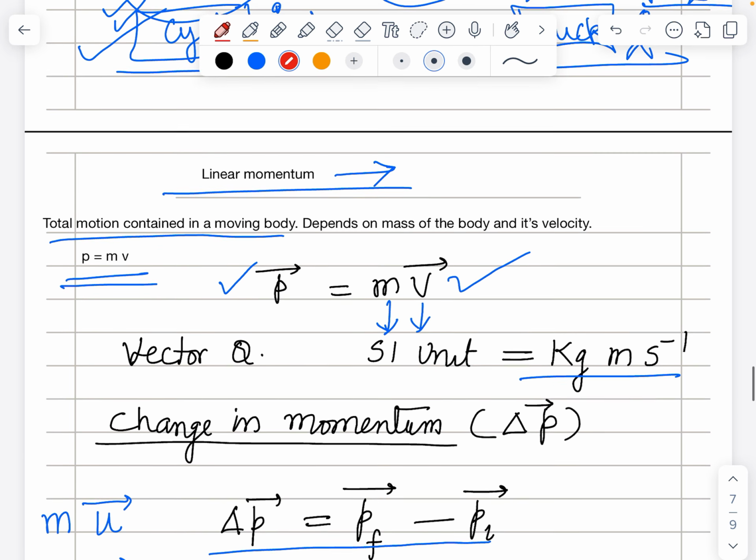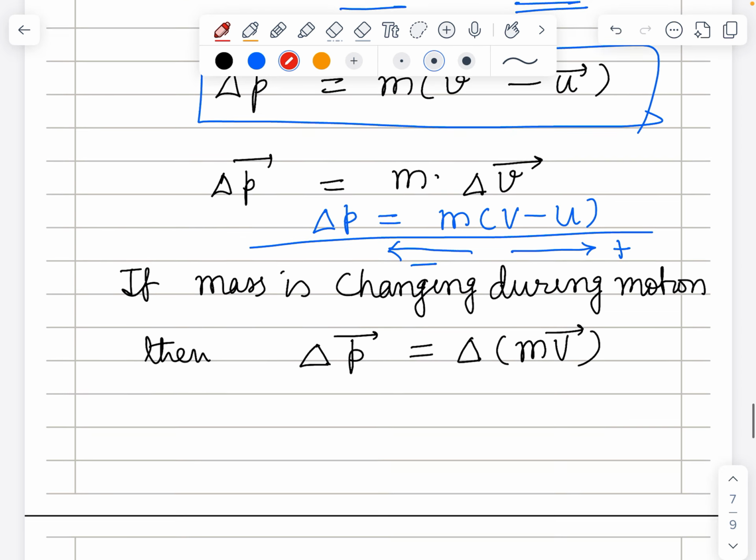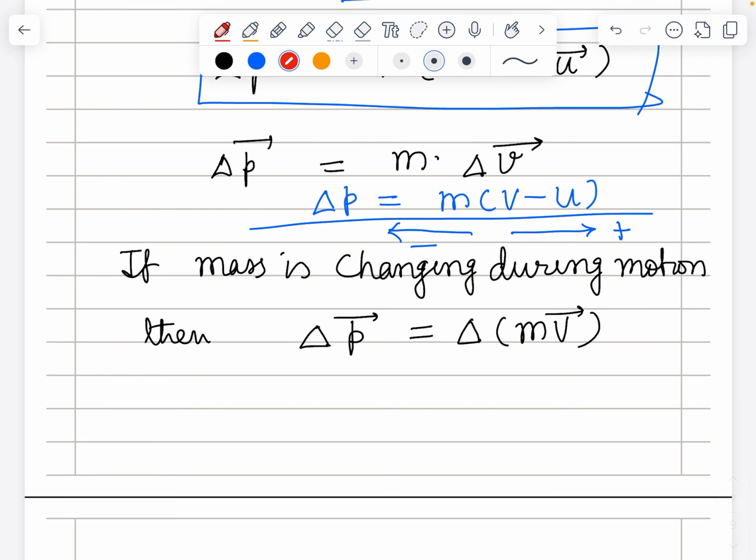So what is momentum? It is the total motion contained, that I have told. Now what is change in momentum? Usually momentum changes because of the change in velocity. But sometimes there may be a change in mass also during the motion.